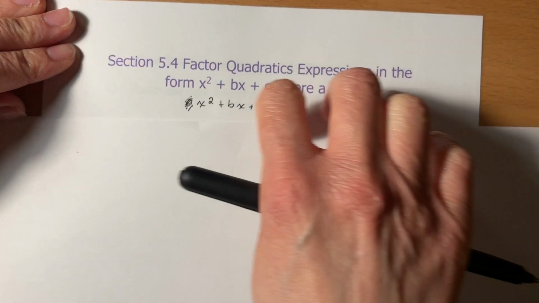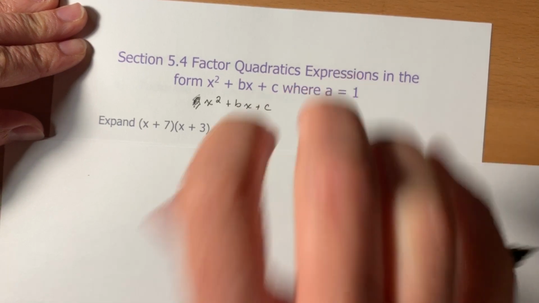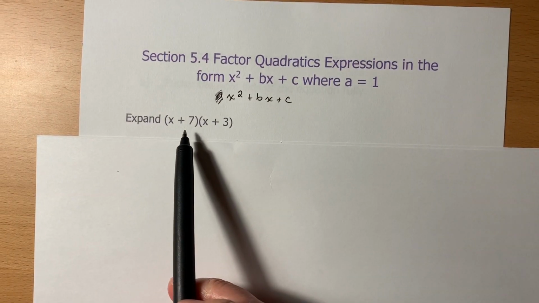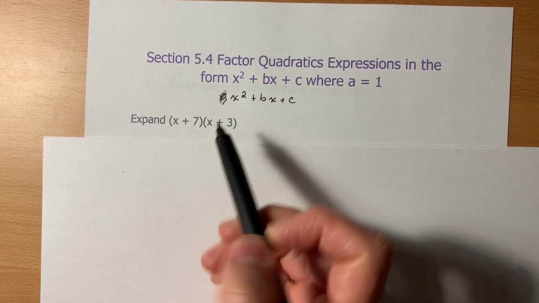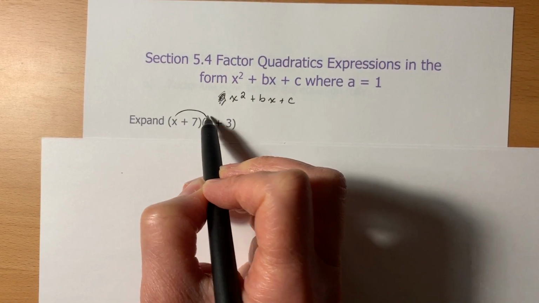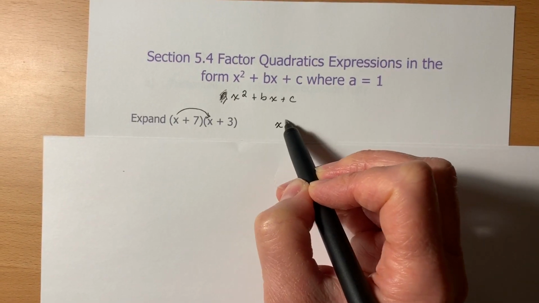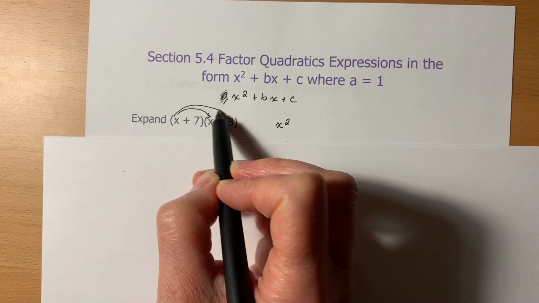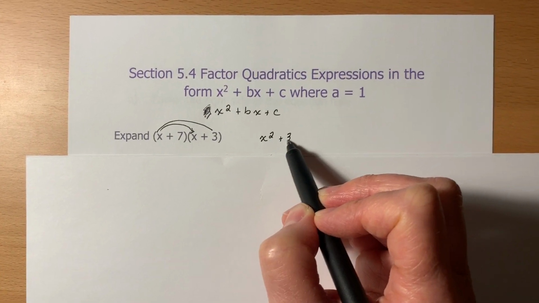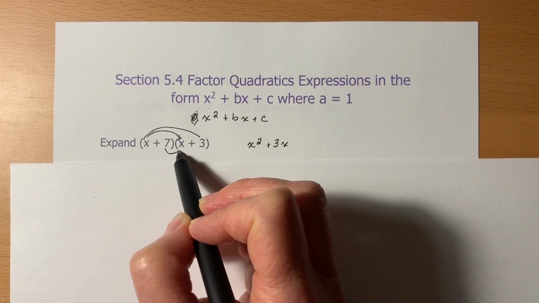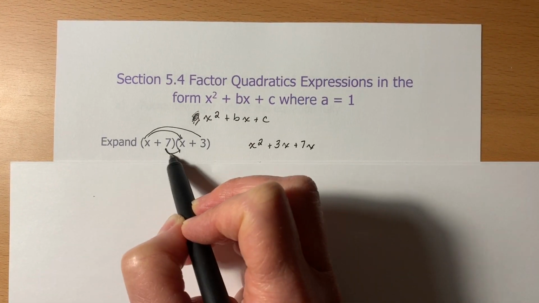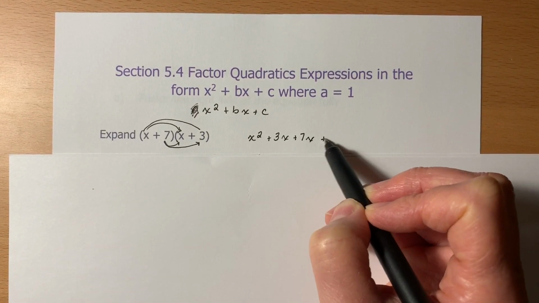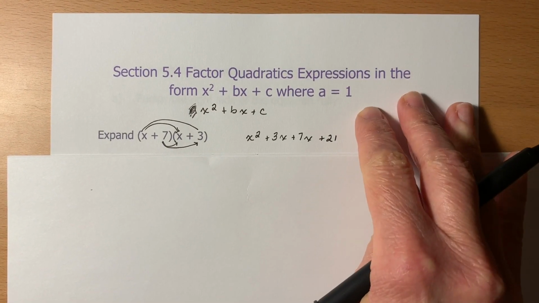Okay, so this is what you did in section 5.1, and you expanded it. So you did x times x, and you did it by FOIL, and you got x squared. And then you did x times 3, and you got positive 3x. 7 times x, positive 7x. 7 times 3, positive 21, and then you simplified it.